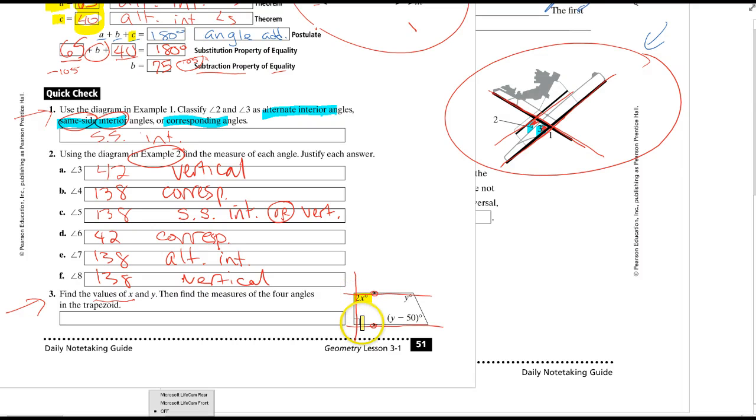Now, what I see right here is that there's a 90-degree angle right there. And if there's a 90-degree angle here, and I need to know something about this angle here, I can call these same side interior angles, which means that they are supplementary.